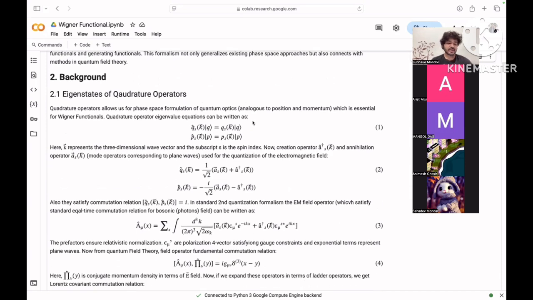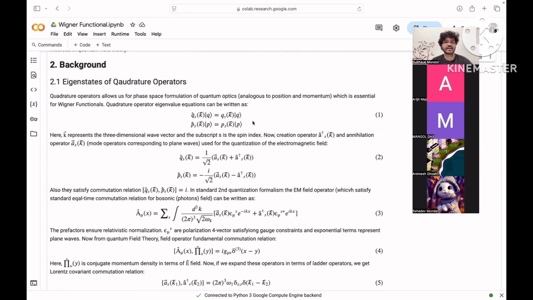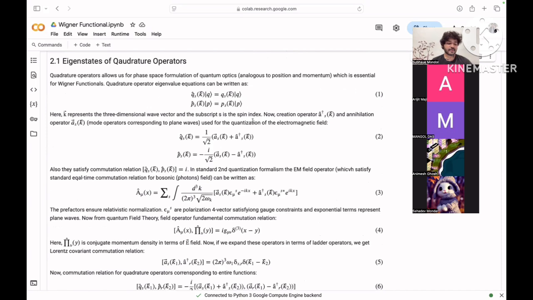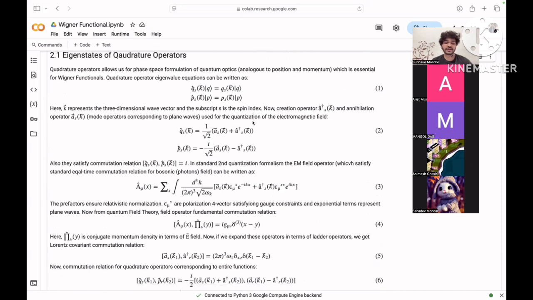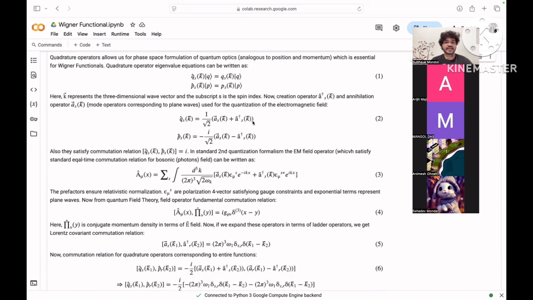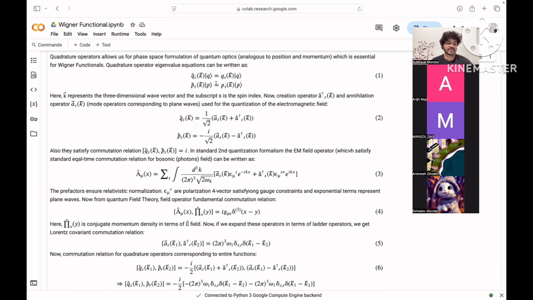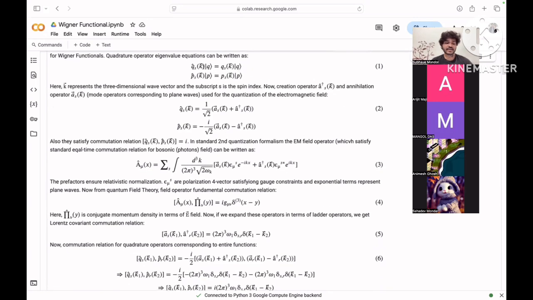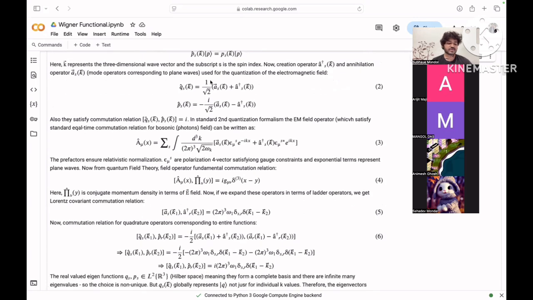So we start with the quadrature operators. Here they are denoted by QK and PK, which are analogous to position and momentum operators in field theory. Their eigenvalue equations are given by this, where K is the 3D wave vector and S denotes the spin or the polarization modes.